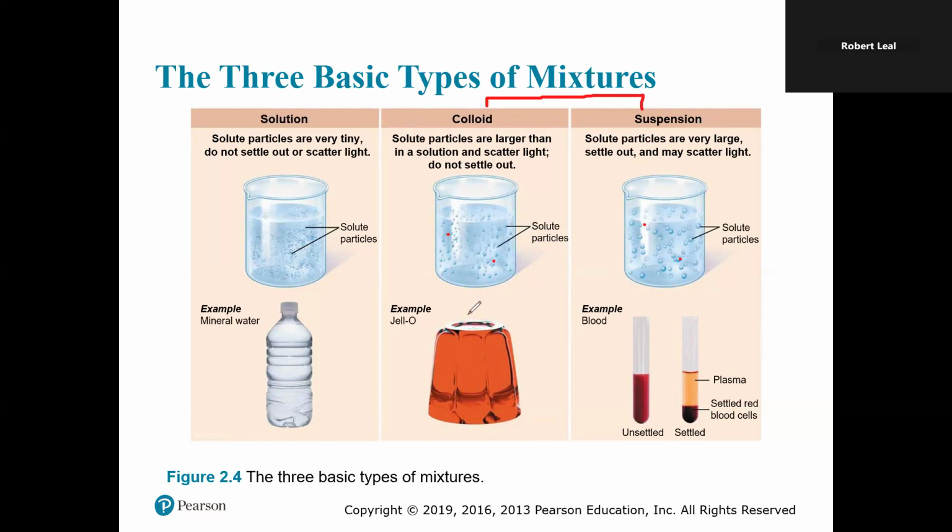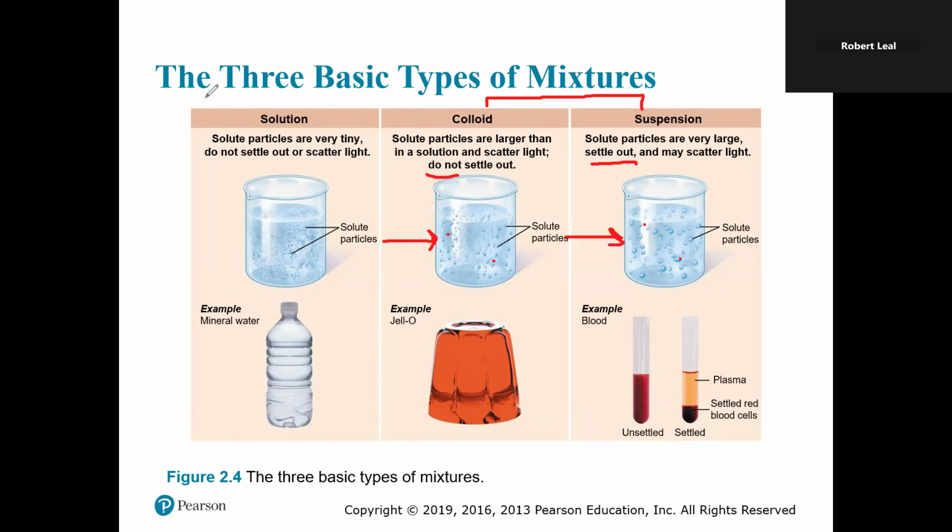That's what hetero means, different. What's the difference between the colloid and suspension? With the colloid, left over time, solutes do not settle, versus the suspension, where solutes will settle. And for light, most light's absorbed by both the colloid and the suspension.